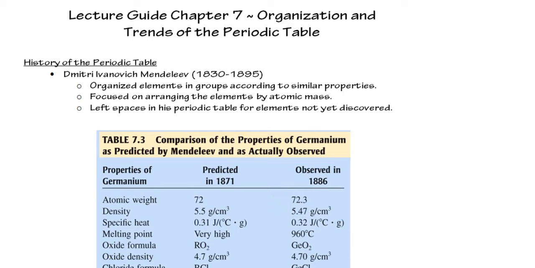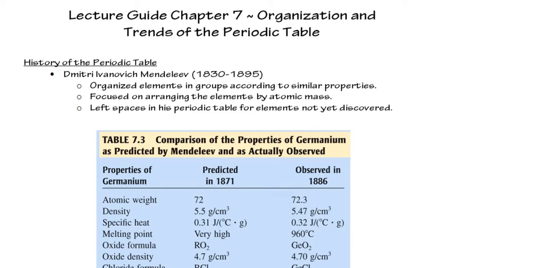He focused mainly on organizing the elements by atomic mass, which is okay. In general, as I look at periodic trends, the elements do increase in atomic mass, but they don't increase in a set increment. It could be from one element to the next, I increase by 1 AMU, the next one increases by 20 AMUs.